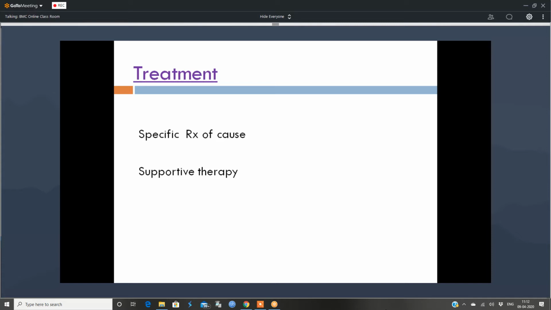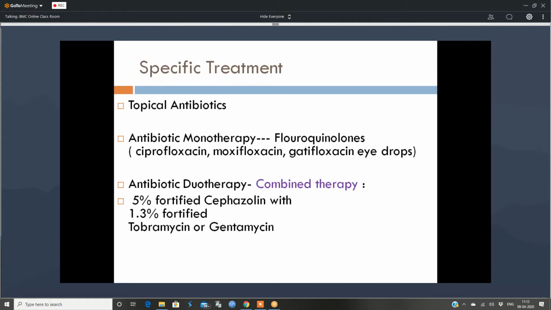What is specific therapy? Since we are treating a case of bacterial keratitis, the specific treatment is to treat with antibiotics. But when I say antibiotics, you have to be very specific in your answers, about what the route of administration of these antibiotics is.